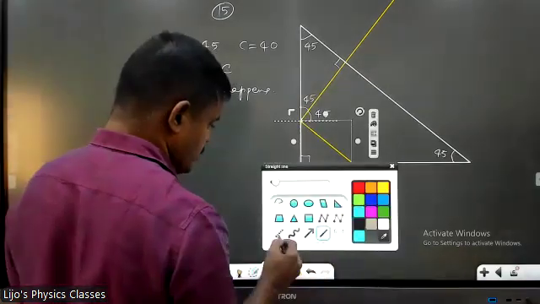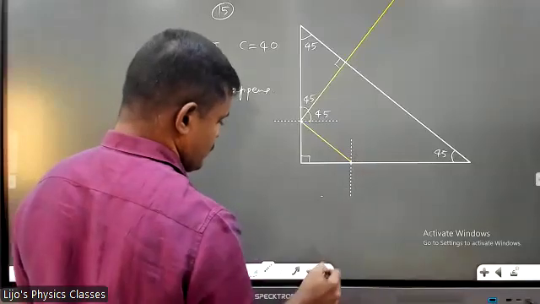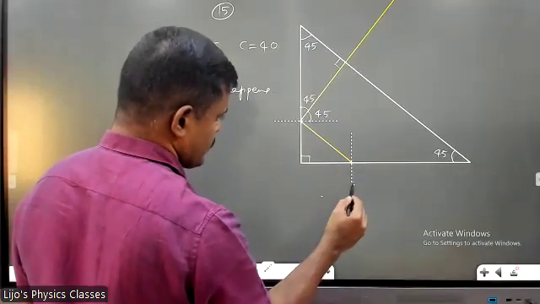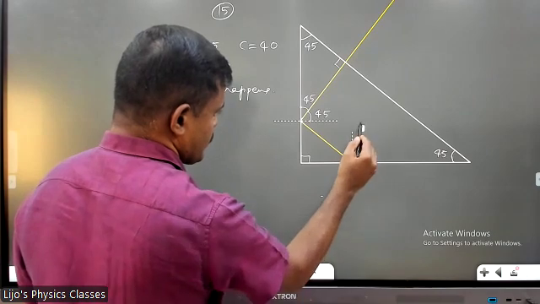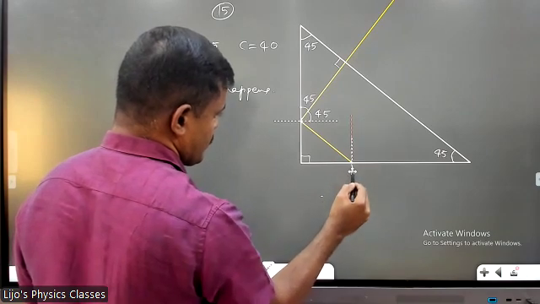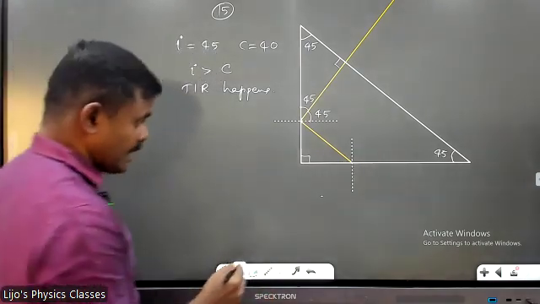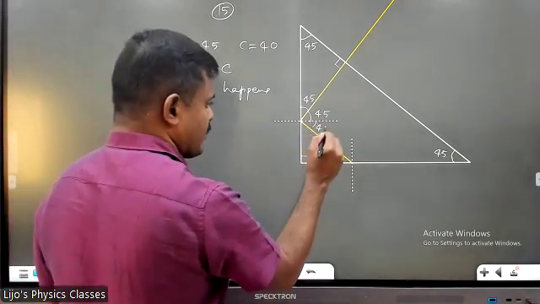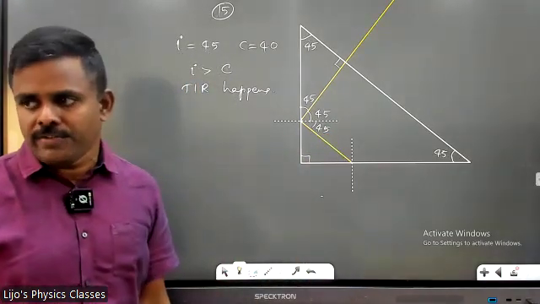So right there also, I'll draw a normal. Tell me the angles, I can mark further angles. This angle is 45 degrees, right? The angle of incidence is equal to the angle of reflection.